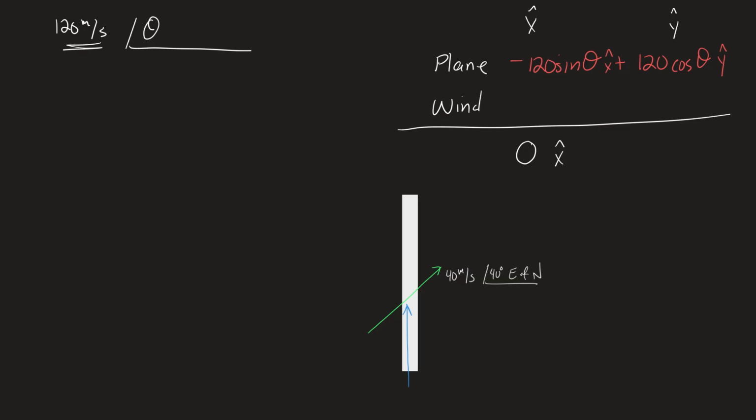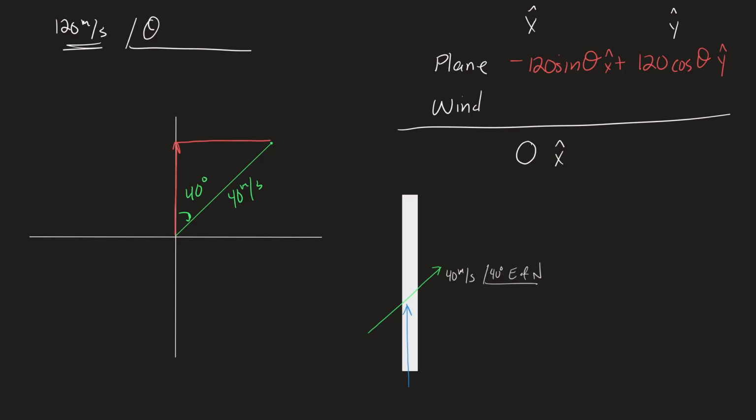So let's talk about the wind. The wind has a velocity something like that, and it is 40 degrees east of north at a speed of 40 meters per second. Again, I'm going to wrap a triangle around my angle. This is my adjacent side, this is my opposite side.